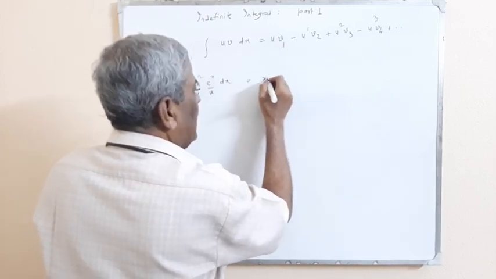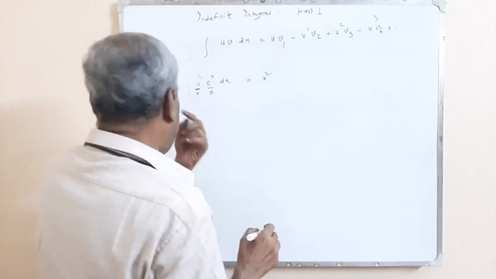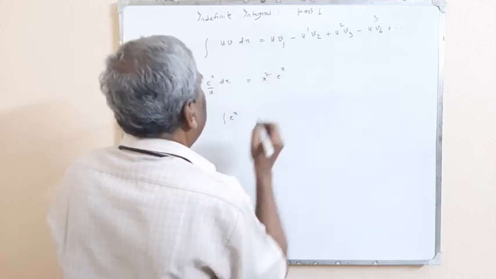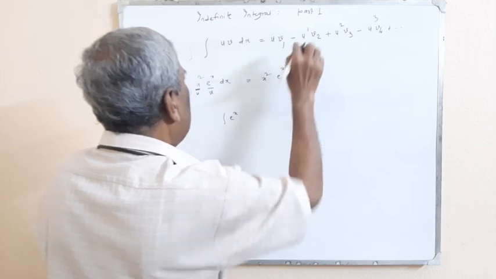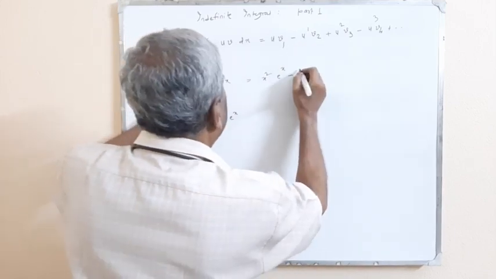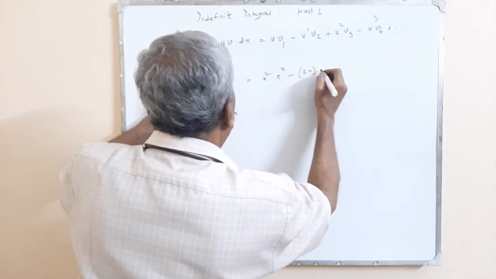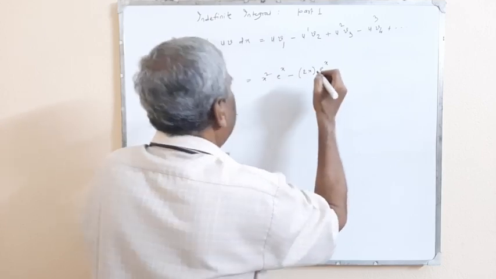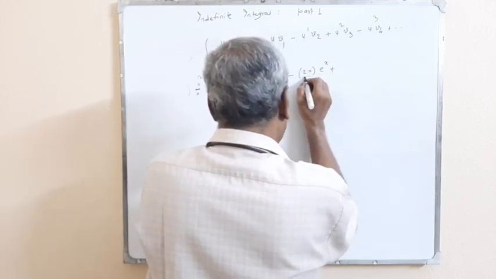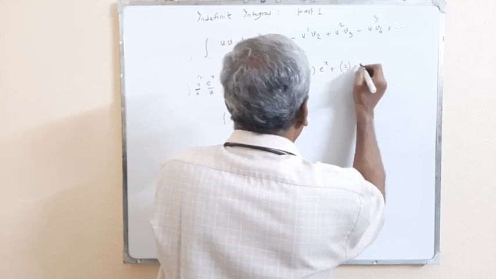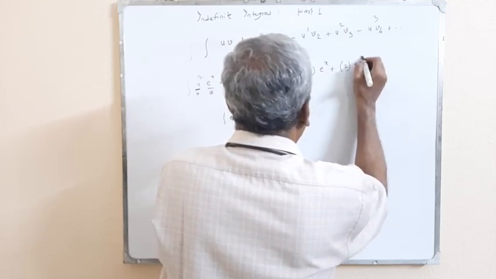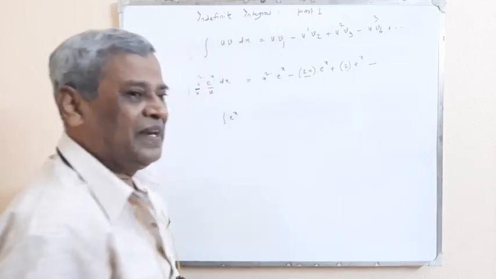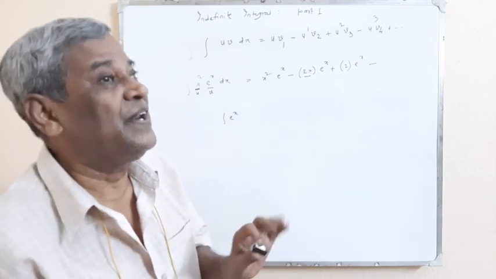U means x square, v1 is the integration of e to the power x, which is e to the power x, minus u dash, the derivative of that, 2x into the integration of e to the power x again, then plus the derivative of this, it is simply 2 into the integration of that e to the power x, minus the derivative of this, but it becomes constant, so its derivative is 0.